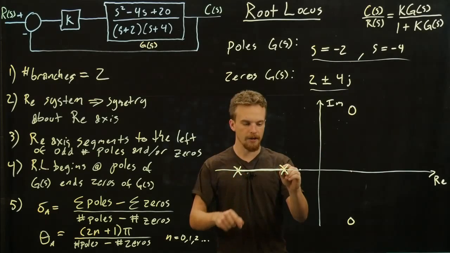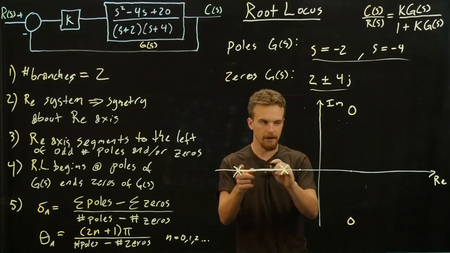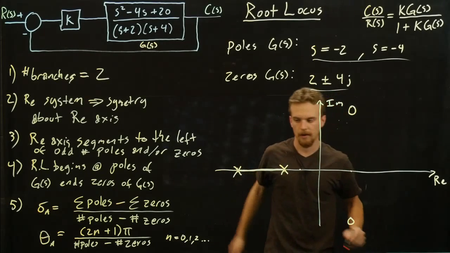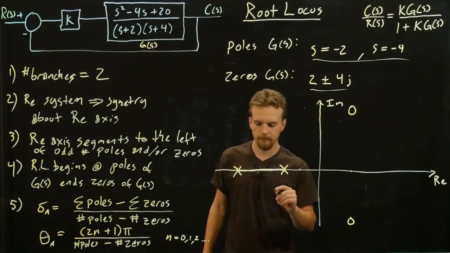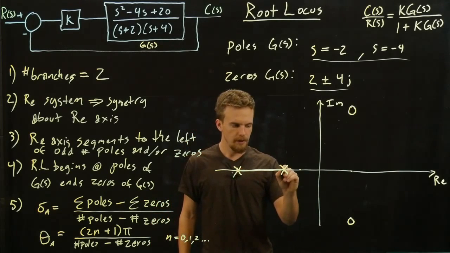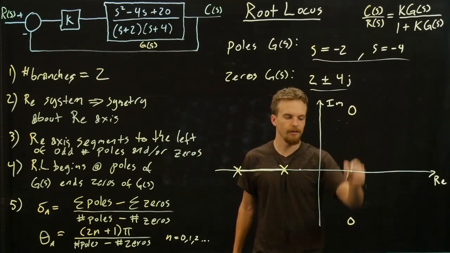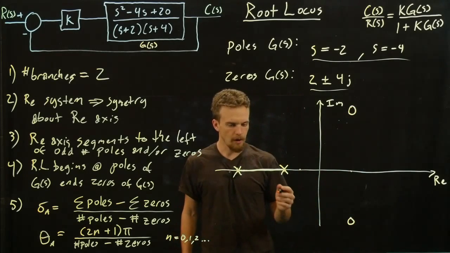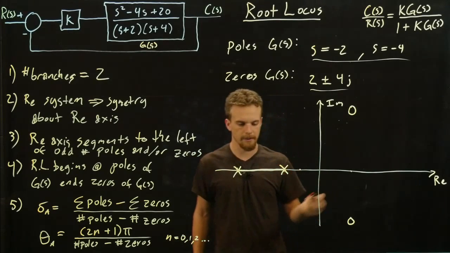Our 2 branches will be there and there. And when k is equal to infinity, they'll somehow end up over here. So let's see if we can figure out a way that all works out. We can't stay on the real axis, right? We have to get over here somehow. Our branches would have to break away from the real axis and then stay symmetrical after that.